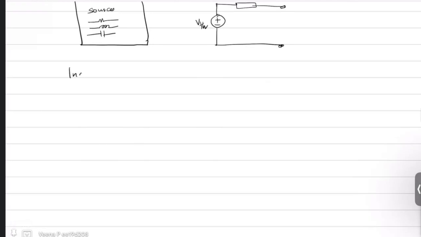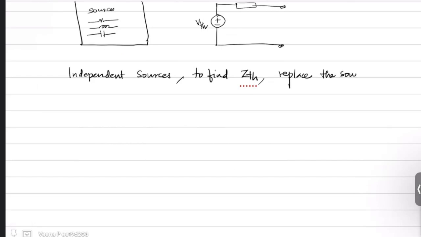If you have only independent sources, to find the Thevenin equivalent impedance, you just replace the sources with their equivalent internal impedance.